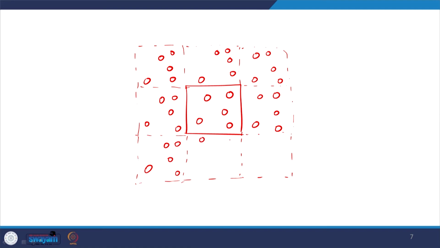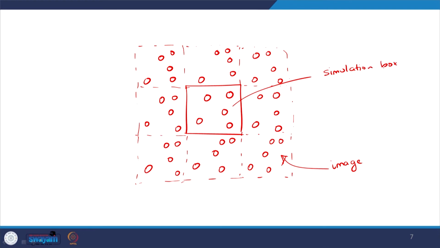And all these boxes which I am essentially not simulating are basically referred to as images of the simulation box.